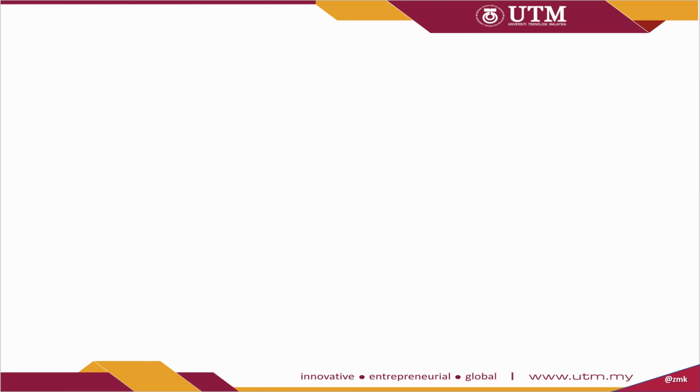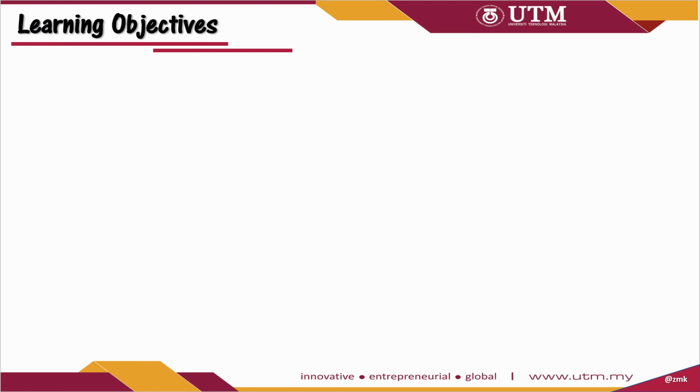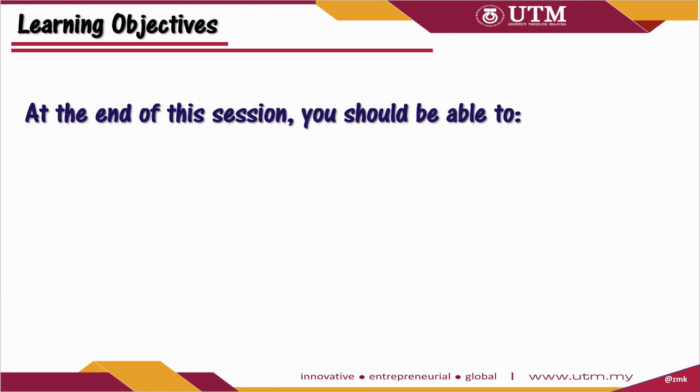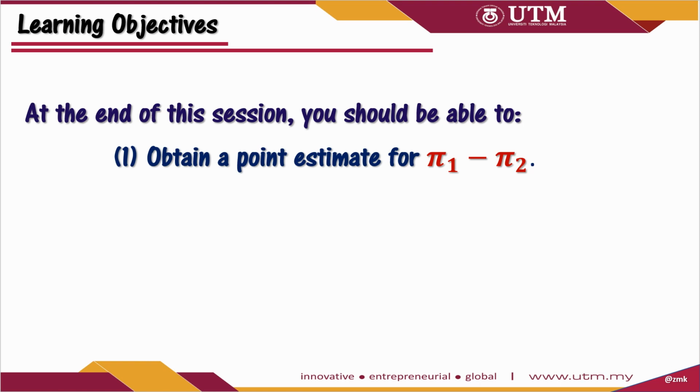Before we go into details of the topic, let's first look at the topic's learning objectives. Similar to the other topics in this estimation chapter, we have three objectives here. At the end of this session, you should be able to obtain a point estimate for the difference between two population proportions, pi1 minus pi2.